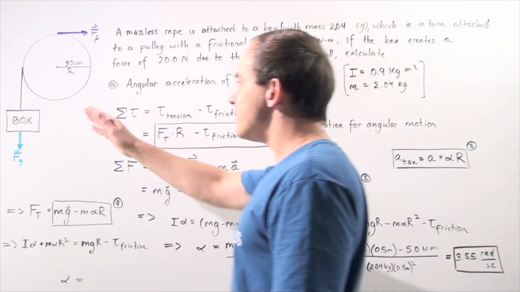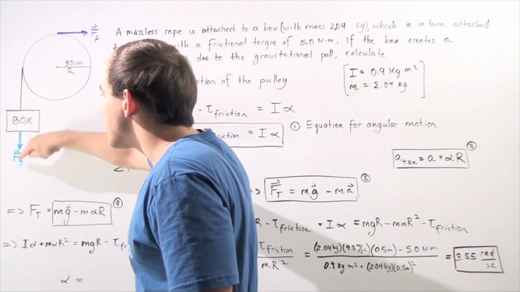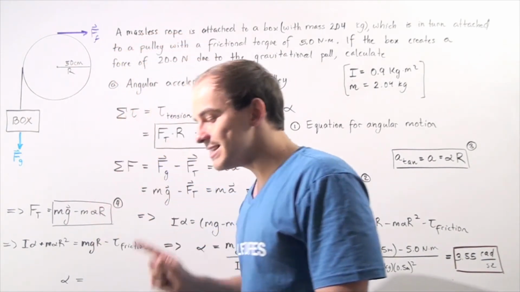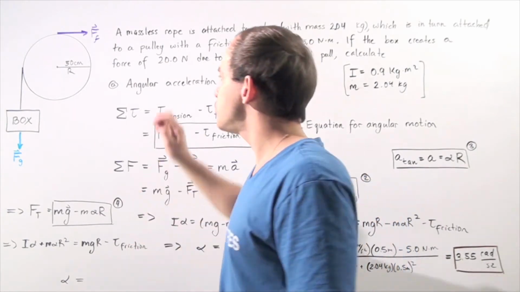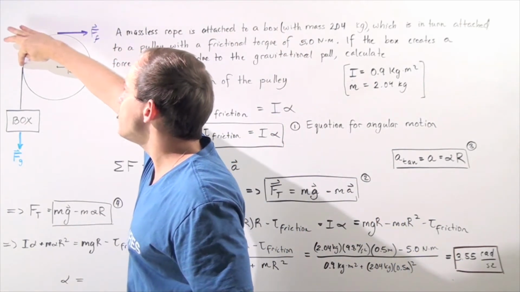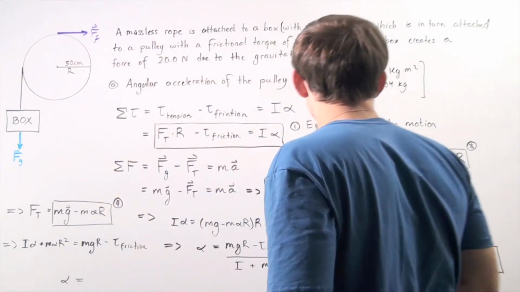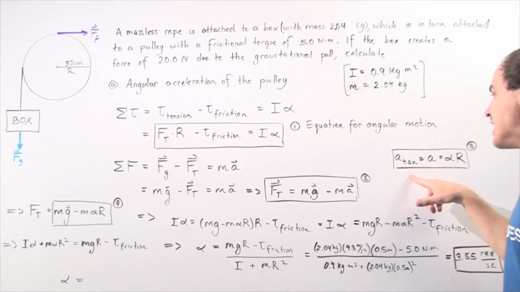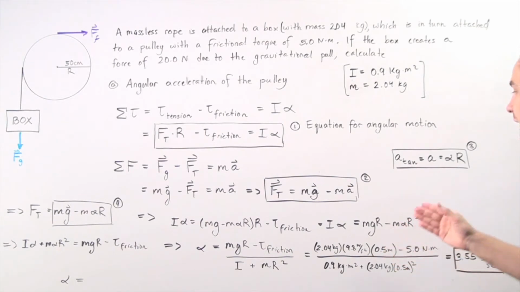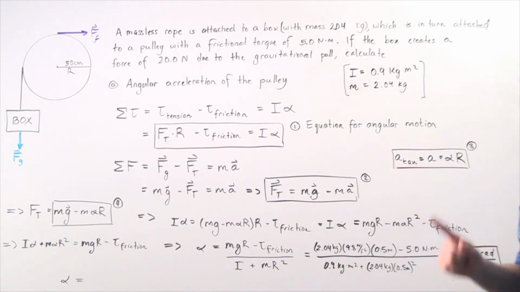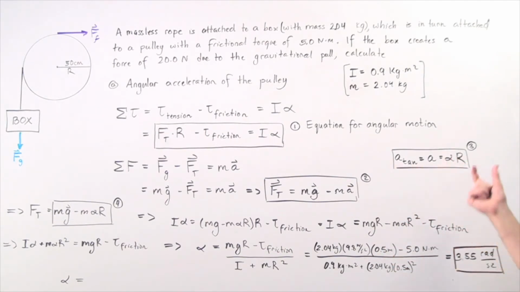Now notice in this case, the linear acceleration of the box is exactly the same as the tangential acceleration of our rope at this point. So that means our a tangential is equal to our a linear acceleration. And recall that a tangential is equal to the product of the radius, the lever arm, and our angular acceleration.